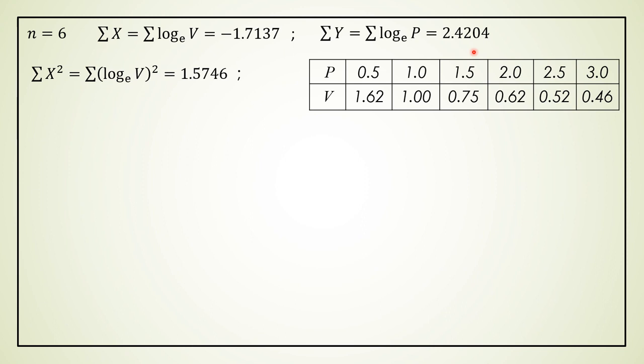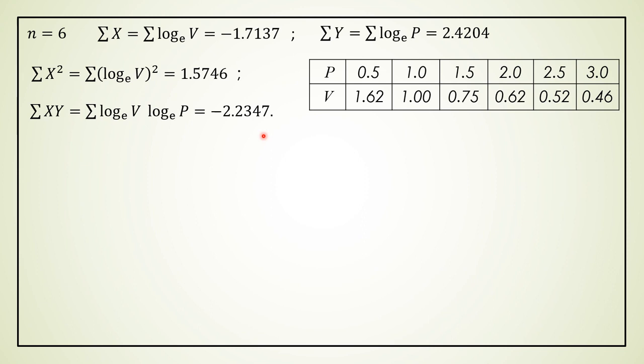Summation of x square, which is summation of log V whole square, is equal to 1.5746, and summation of xy, which is summation of log V into log P, is equal to minus 2.2347.